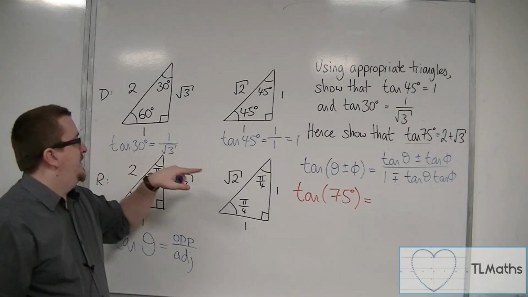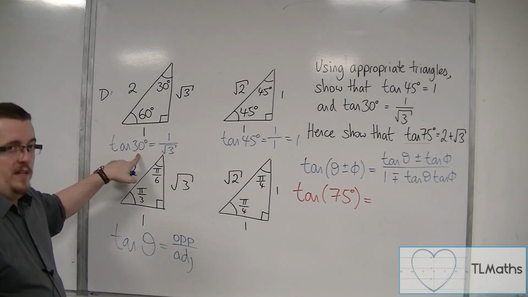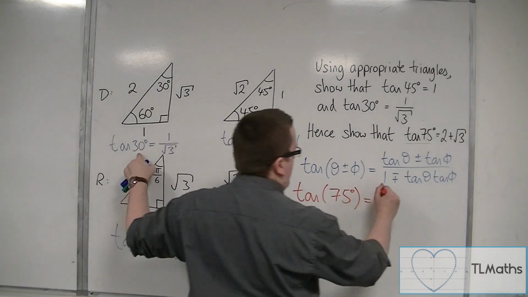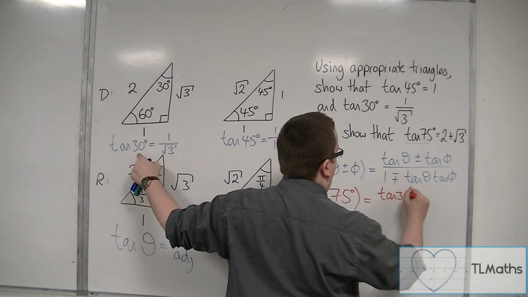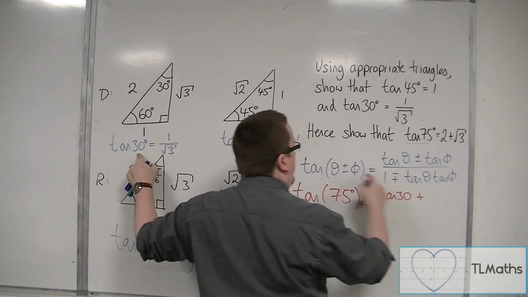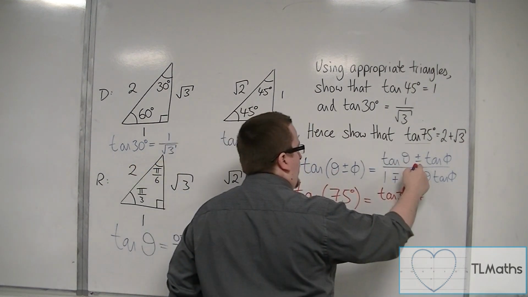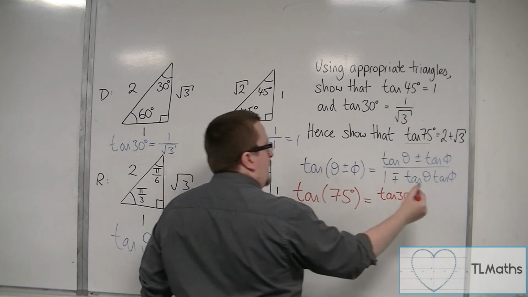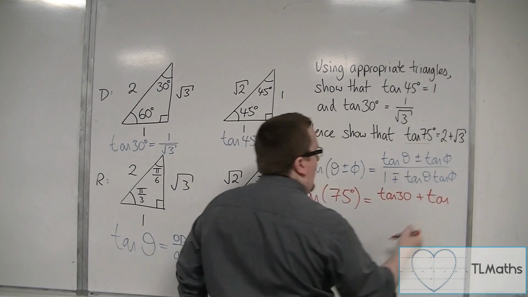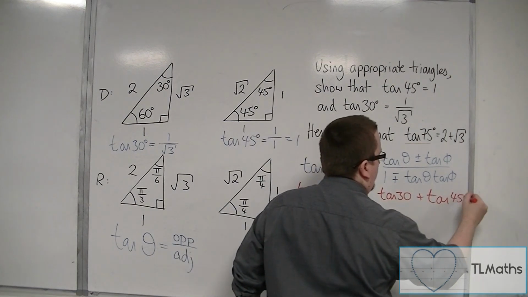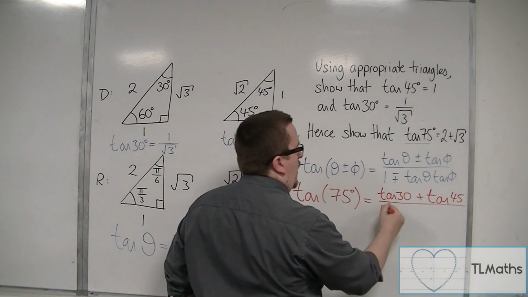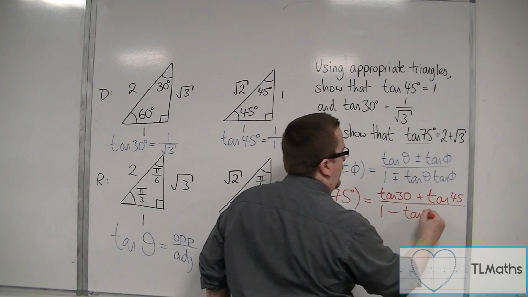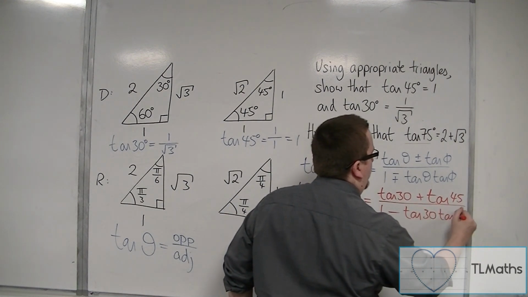Now tan of theta is tan of 30. So tan 30 plus, because there was a plus there, tan of 45 over 1 minus tan of 30 times tan of 45.